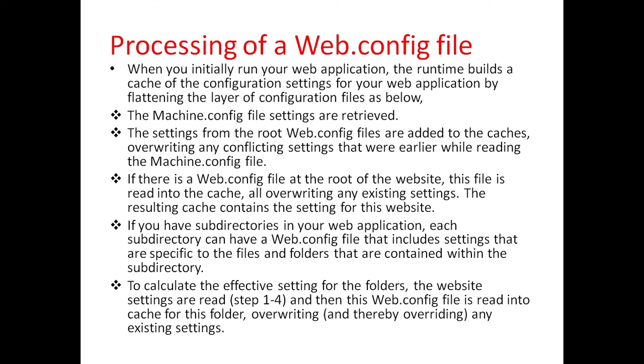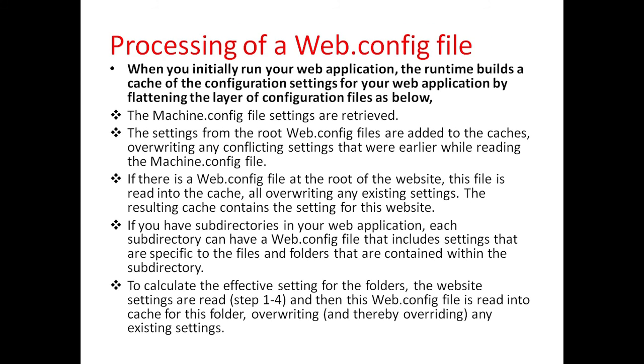Next we'll see processing of a web.config file. When you initially run your web application, the runtime builds a cache of configuration settings for your web application by flattening the layers of configuration files as below. First, the machine.config file settings are retrieved.